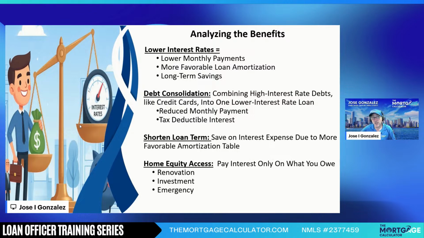Now, the most obvious one, the lower interest rate scenario, is going to equal lower monthly payments. That one's also going to equal a more favorable loan amortization, because at lower interest rates, the loan is amortizing more favorably. This one's really important to latch on to. Let's say you have an $800 payment at 8%, and you have an $800 payment at 5%.